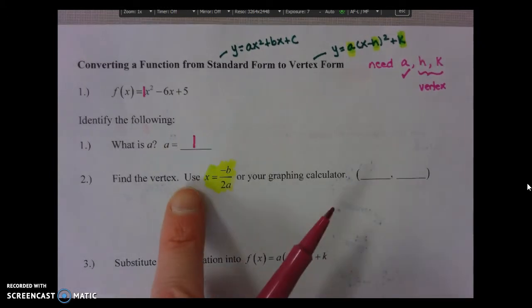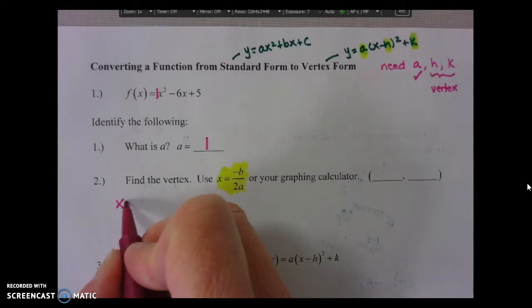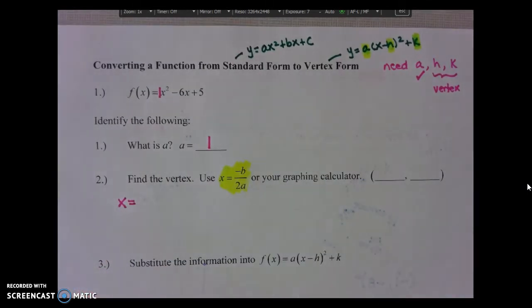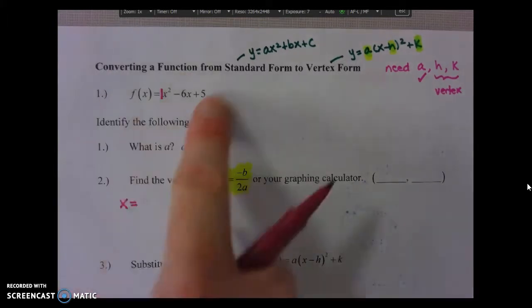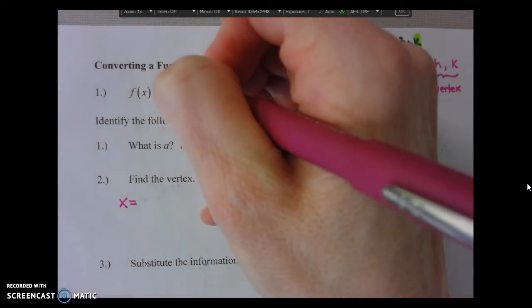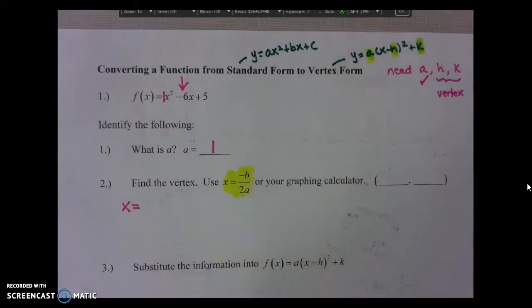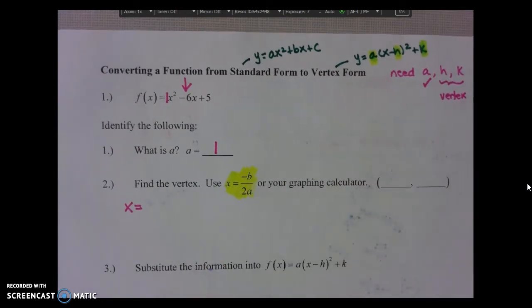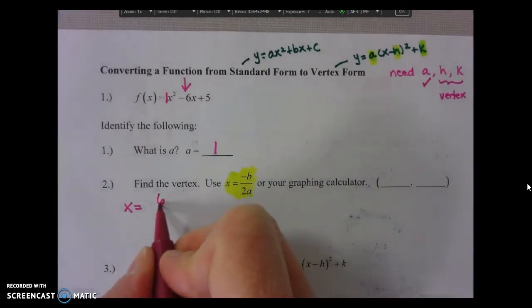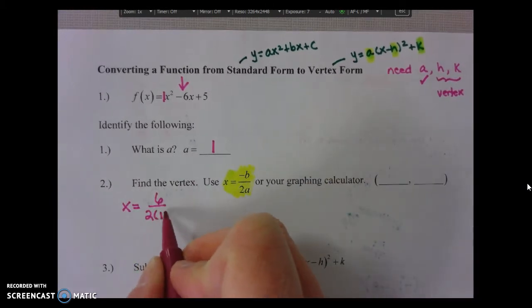If I'm going to use x equals the opposite of b over 2a, I need to know who b is in order to do that. Who's b in this standard form problem? -6. You got it. It's always the number in front of x. So if b is -6, what's the opposite of b? 6. 2 times, we already said a was 1.